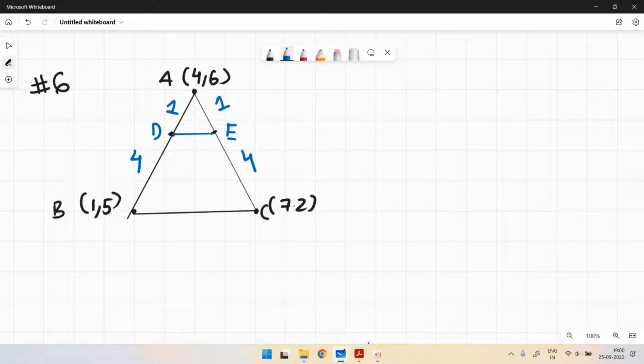Now you can calculate the coordinates of D and E by using the section formula. So by using the section formula, you can write it directly.